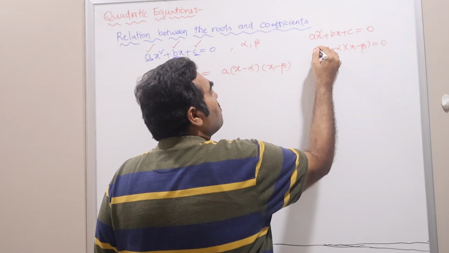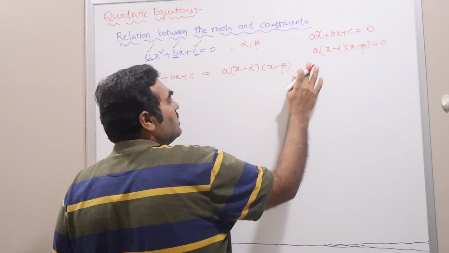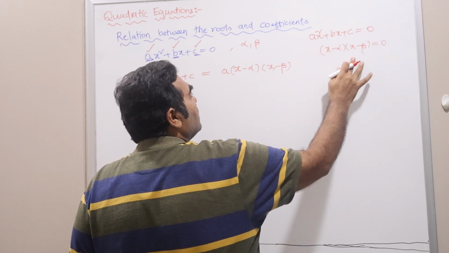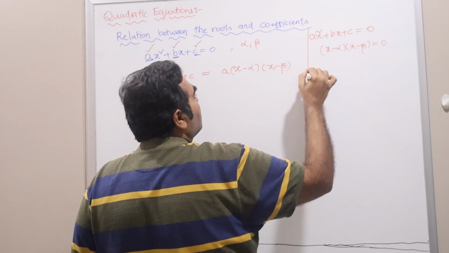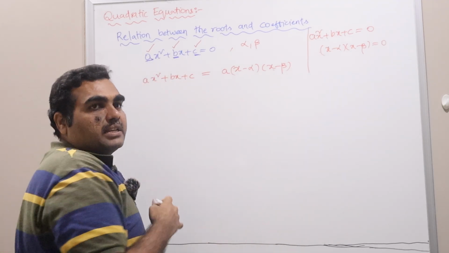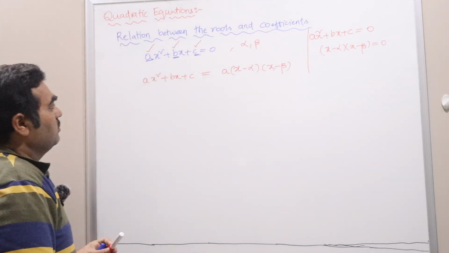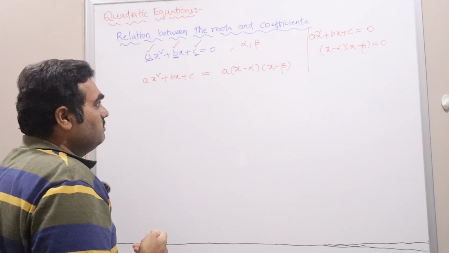Why? Because even if you put A here, since A is a constant, if you send A to the other side, that will be 0. So here there is no issue. But when you are representing the quadratic expression itself, you should not miss A.